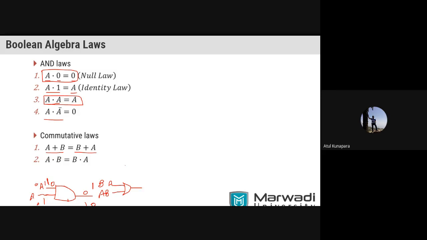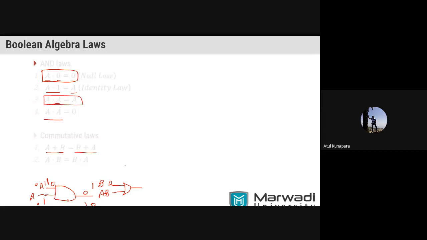That is the commutative law. The same way you can apply it for the AND rule also: whether you perform A dot B or B dot A, they will not give you different output, they will give you the same output. That's called the commutative law.